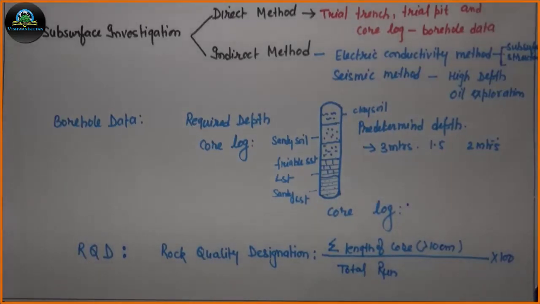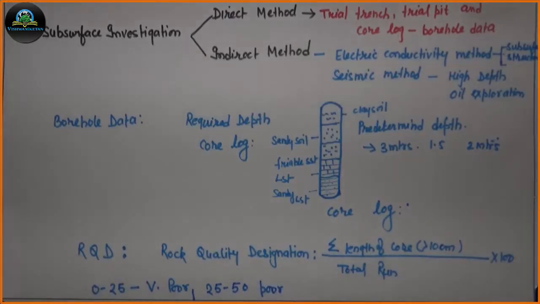If this value comes around 2 to 25, then I can say my rock is very poor, which means it is not suitable for any type of construction. If this value comes between 25 to 50%, then my rocks are poor.